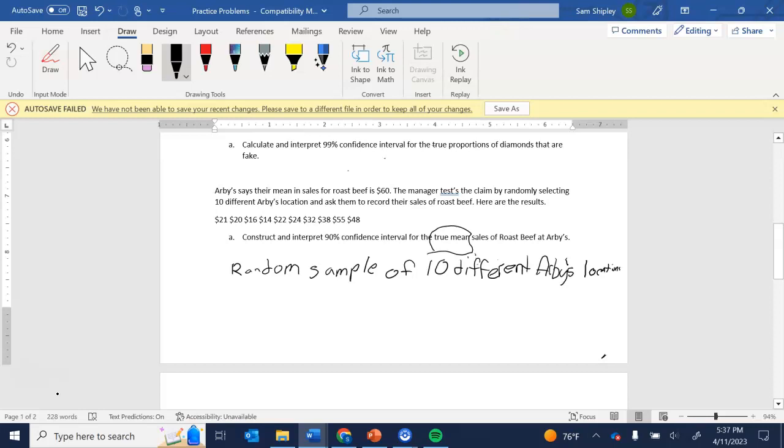Okay, so check. Then our next check is to see if it is a normal or large sample.